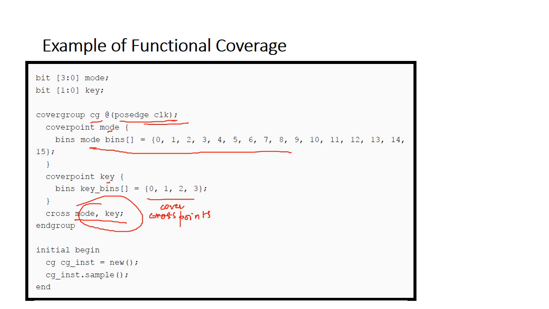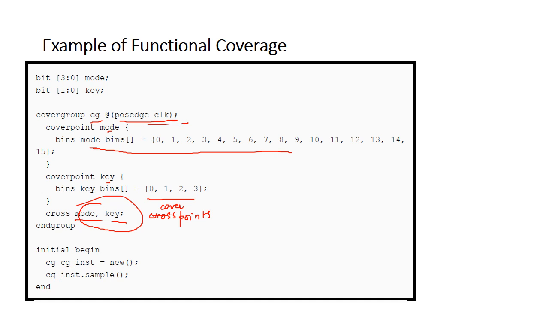Also, we have seen what is meant by cross coverage, which is a measure of coverage of different combinations of different cover points in our design. So, this is a code taken as an example to explain functional coverage.